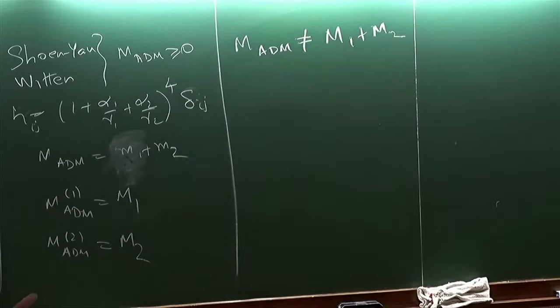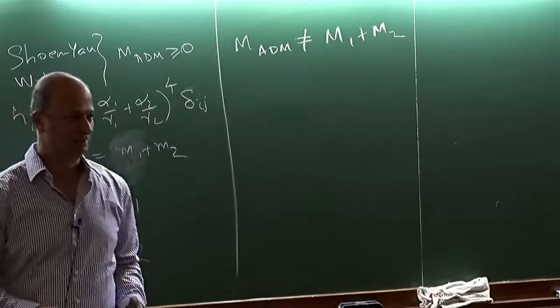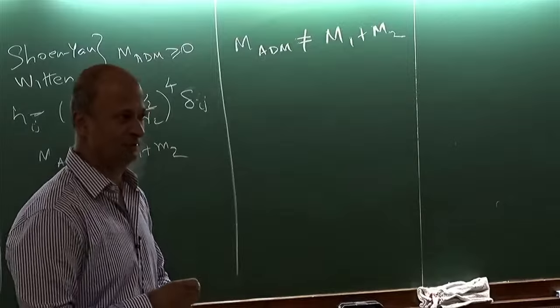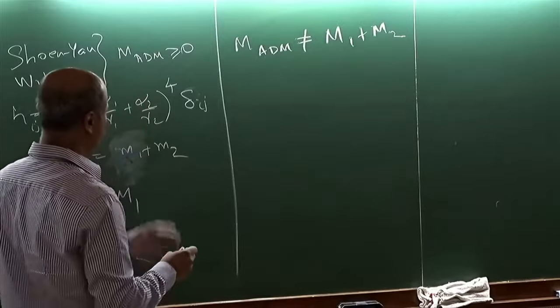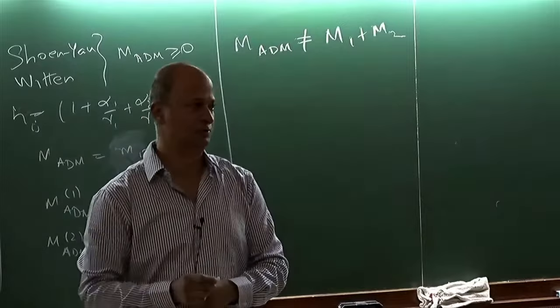What should the difference be? Yeah, it's interaction energy. So in fact, the original Brill-Lindquist paper was titled Interaction Energy in Geometrostatics or something of the sort. Okay? So the difference contains the binding energy between the two black holes.